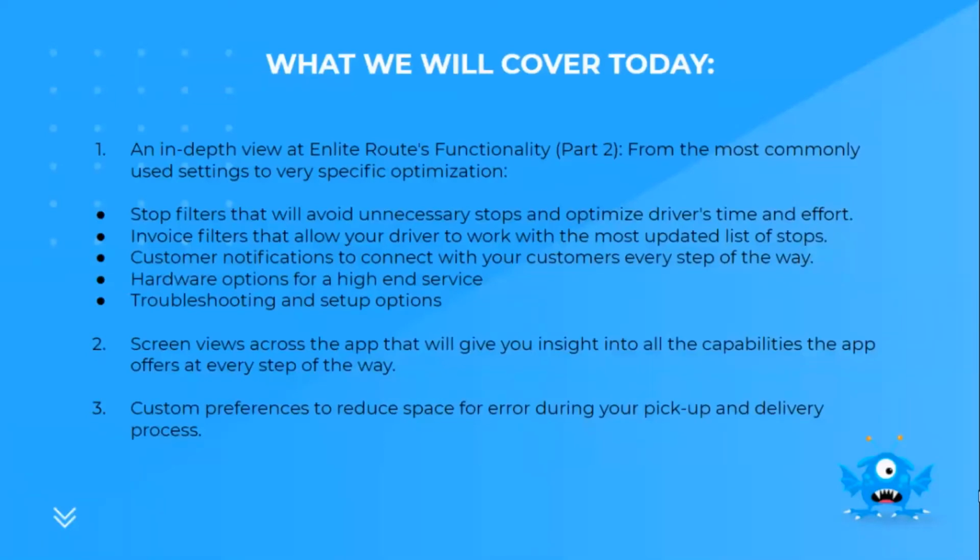Customer notifications to connect with your customers every step of the way. Hardware options for a high-end service. And troubleshooting and setup options. You will also see later on screen views across the app that will give you insight into all the capabilities the app offers at every step of the way. Custom preferences to reduce room for error during your pickup and delivery process.